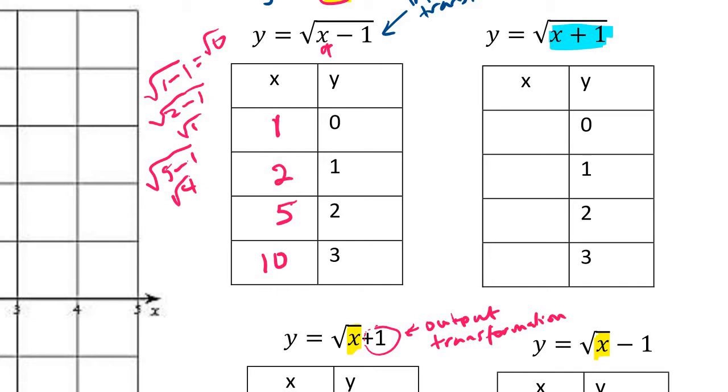All right, so we got that. If you do the same thing for this other one, y equals square root of x plus 1, I want the output to be 0. I want 0 here when I have done all this stuff and taken the square root. What should I put there? I want something plus 1 to be 0, so I want blank plus 1 to be 0.